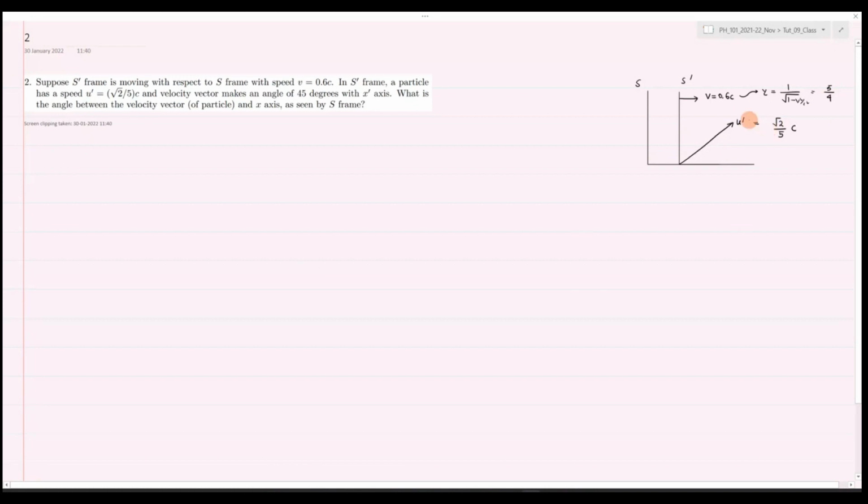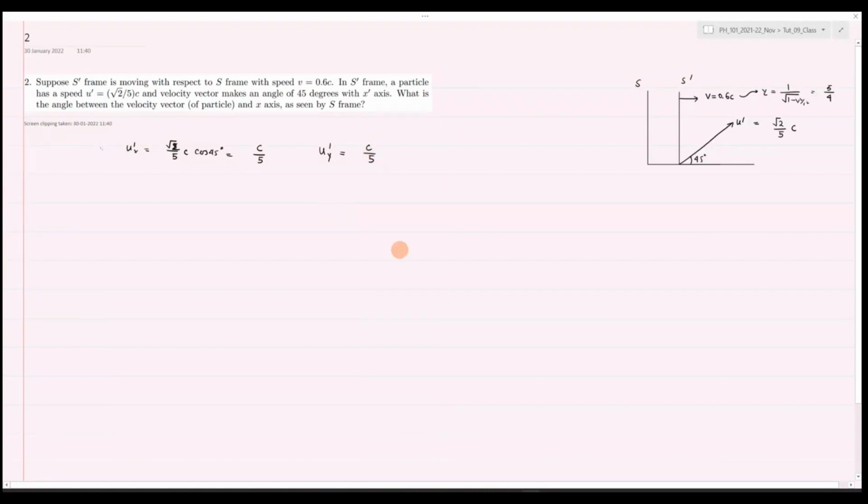Now, the component of u prime along the x-axis, this is 45 degrees, will be u prime x equal to root 2 by 5 c cos 45, which will be c by 5, and the component of u prime along y will be again c by 5.